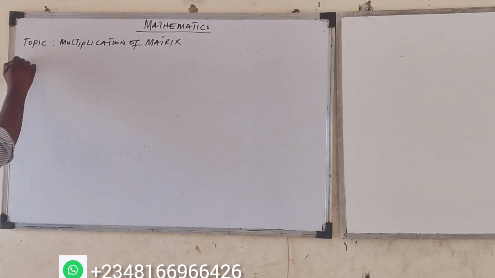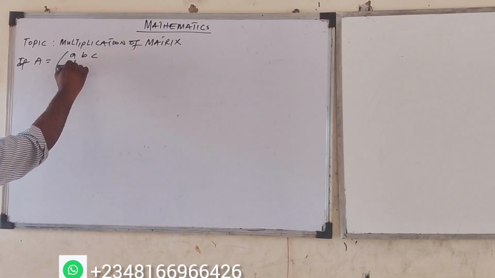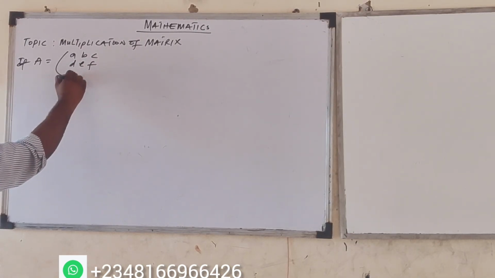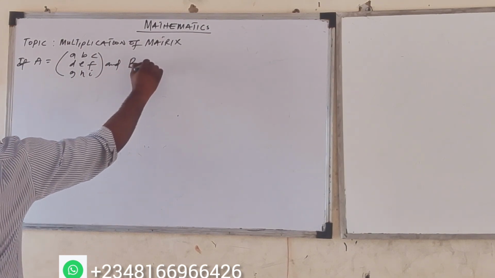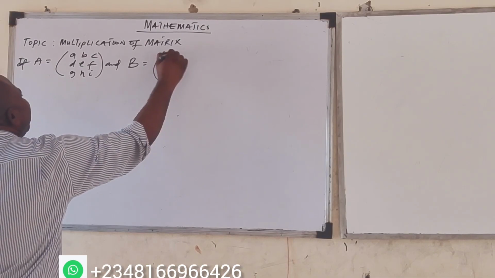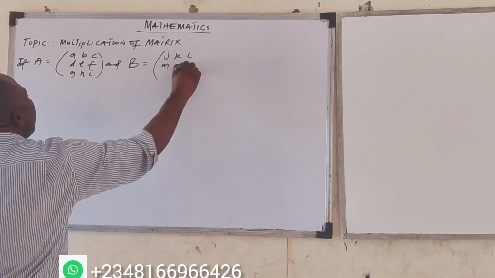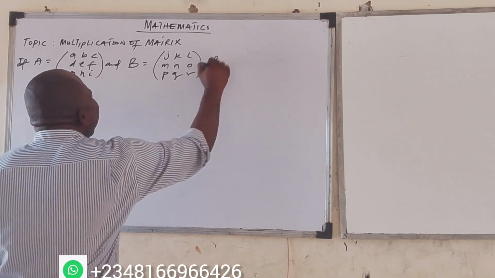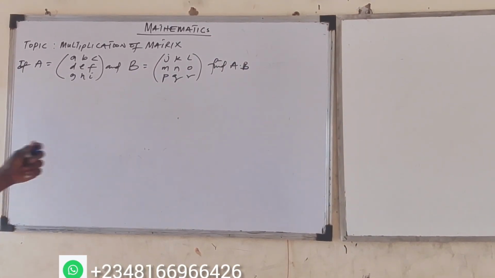Now, if matrix A is equal to A, B, C, D, E, F, G, H, and I, and matrix B is equal to J, K, L, M, N, O, P, Q, and R, here we are asked to find A dot B. The meaning of A dot B is A times B.